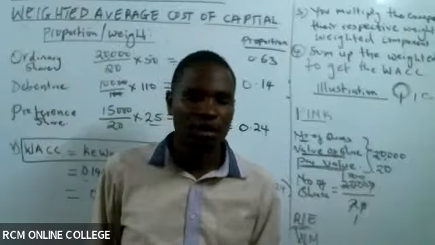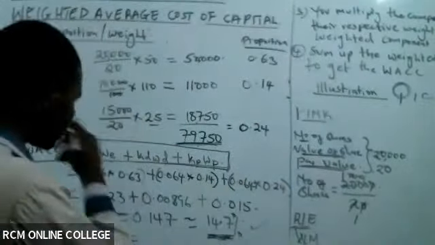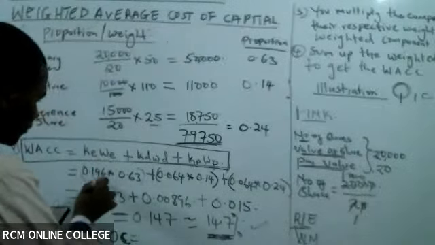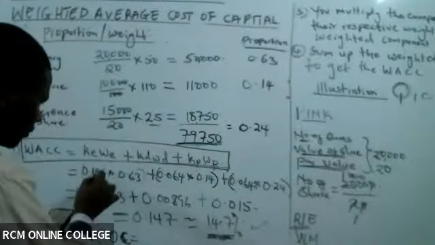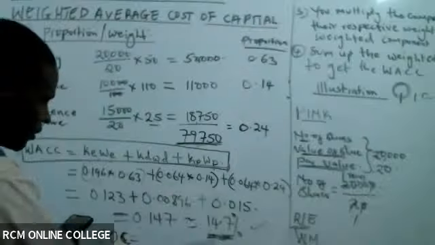Give 4 reasons. By the way, ukiangalia cost of equity, it's always higher than the cost of debt. Cost of equity is higher, 19.6%, 6.4%.